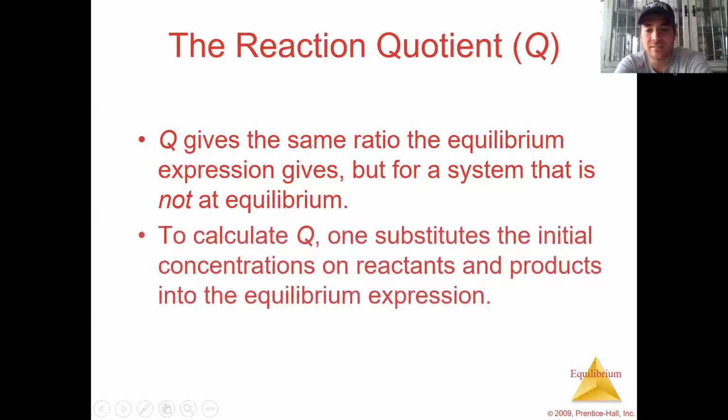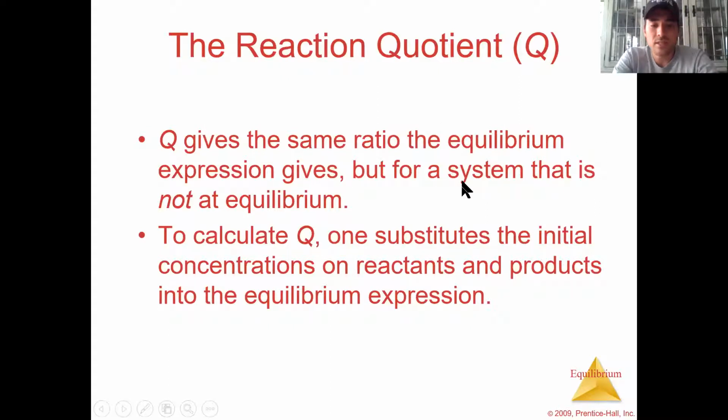To calculate the value for Q, you substitute in the initial concentration of your reactants and products into the expression. So there's a difference between Q and K. They're written the same way. So we do products divided by reactants, the concentration raised to a certain power. And one thing to note, it could be concentration, it could also be pressure.